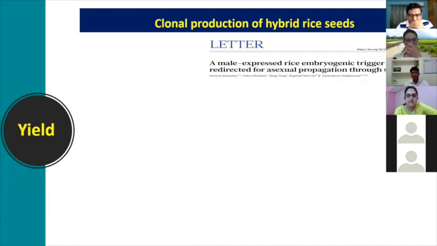So now this is another extraordinary example of using CRISPR-Cas9 for humankind, and that has not been possible earlier. If I talk about hybrid seeds, many people ask me, okay, Kutub, why do farmers need to buy hybrid seeds from the company every time?